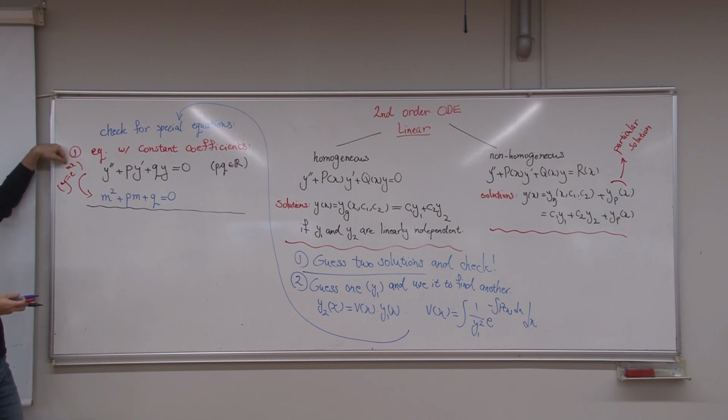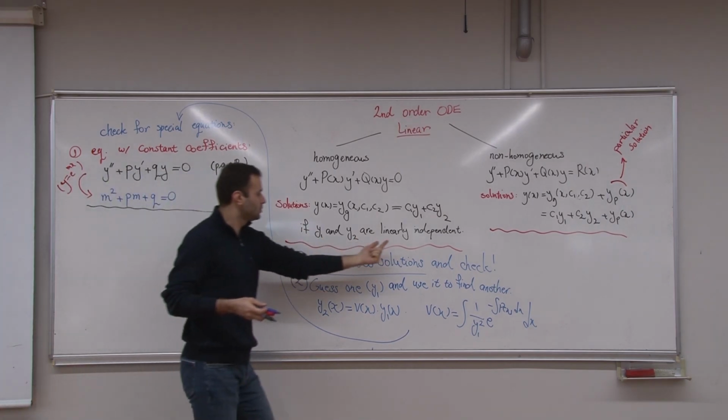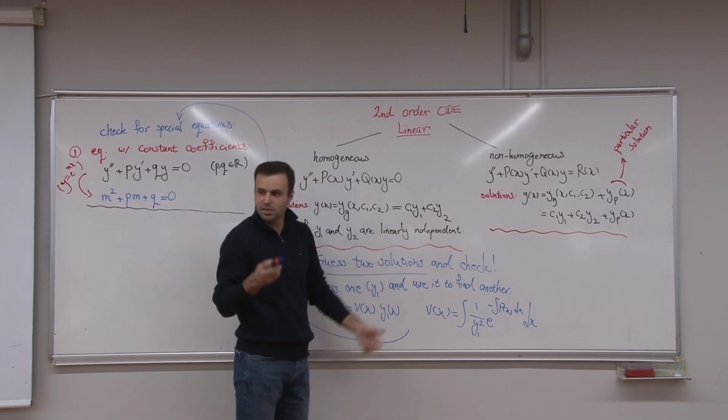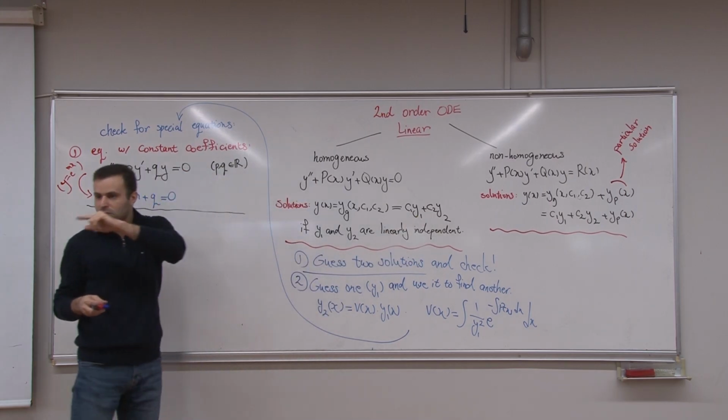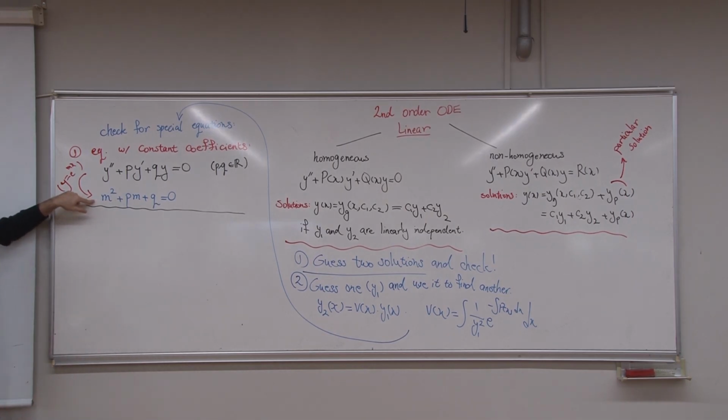So our y1 is going to be e to the power of m1x, our y2 is going to be e to the power of m2x. And you can check that they are linearly independent. Then you can write the general solution as c1 e to the power of m1x plus c2 e to the power of m2x. Okay?